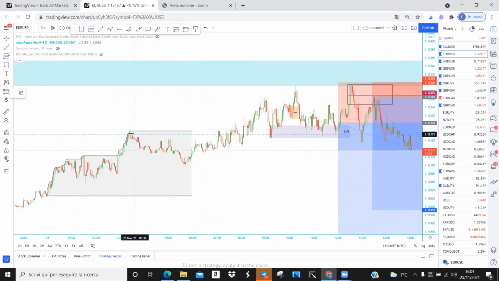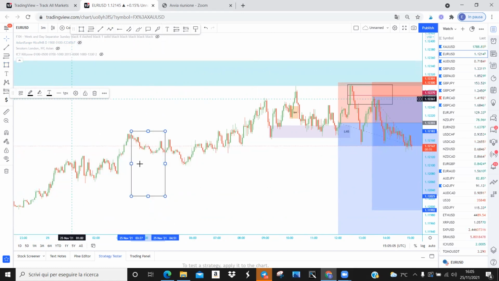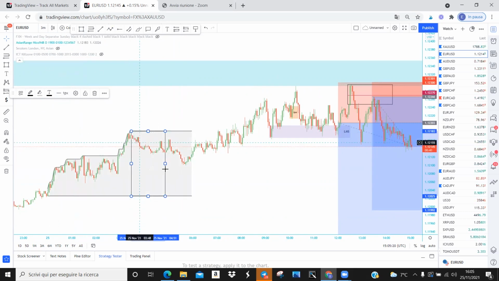And basically you can just put a box from the highest point to the lowest point and mark it out. It just helps you instead of opening your chart and looking at the time where the Asian range started and where it finished and marking yourself the highest and lowest point, you can just use an indicator that tells you the range, basically.